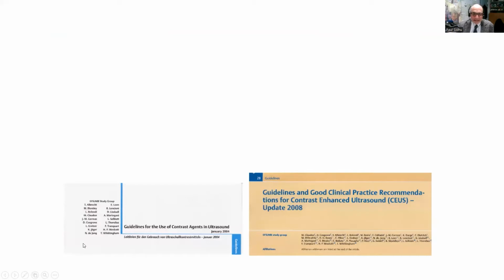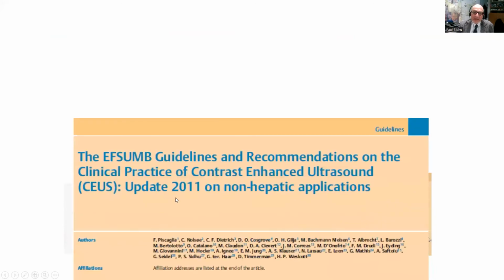The EFSUMB guidelines started out in 2004 with the first guidelines issued, with a follow-up for focal liver lesions in 2008. Then in 2011, EFSUMB published the non-hepatic applications, and this was a landmark publication because the licensing for SonoVue and other contrast agents is for the liver, peripheral vascular, breast, and echo.